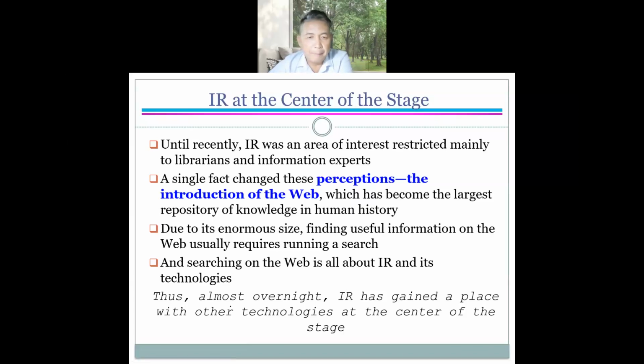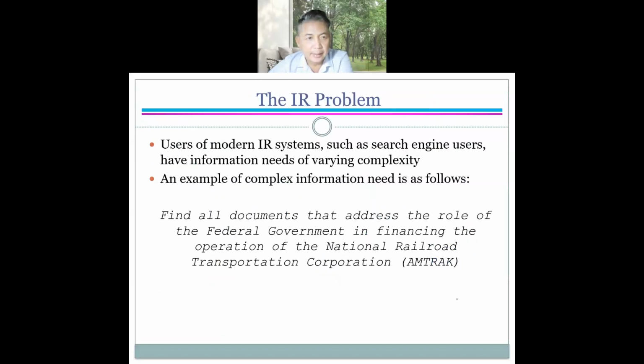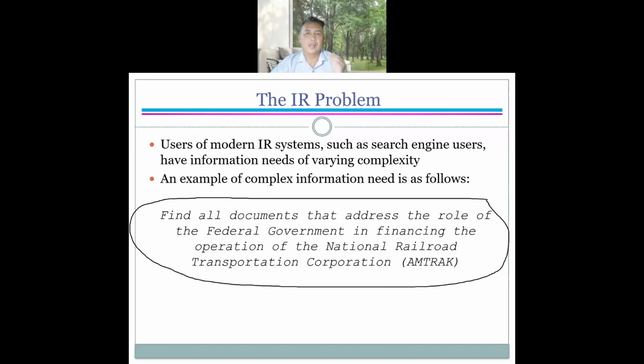So for example, let's suppose we have this kind of information required by you. The task is: can you find all documents that address the role of the federal government in financing the operation of the National Railroad Transportation Corporation?